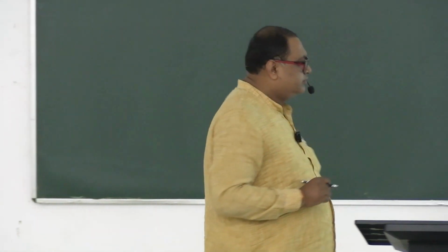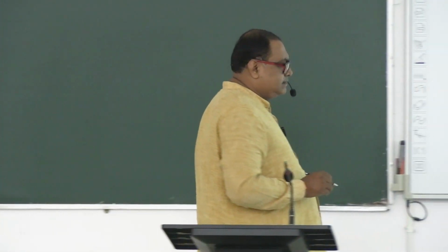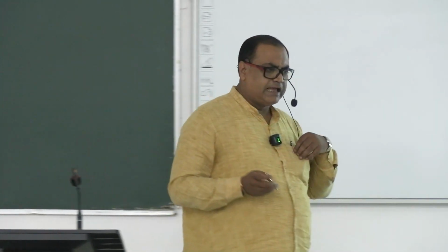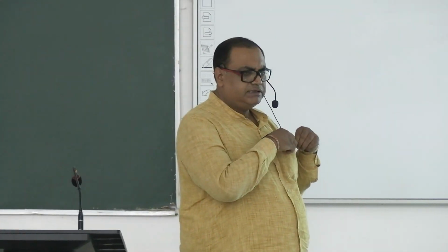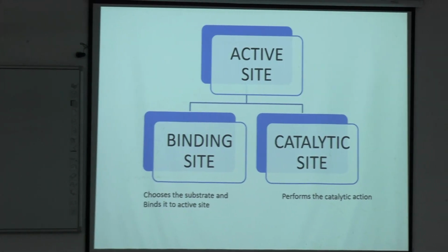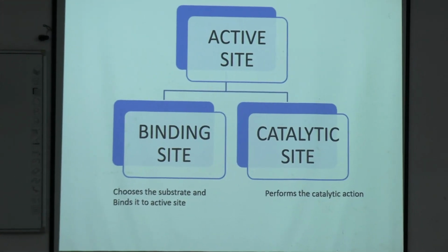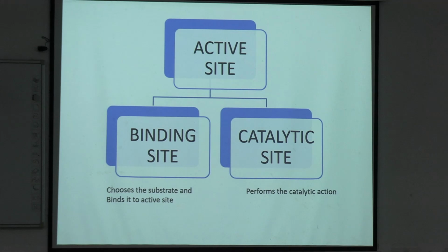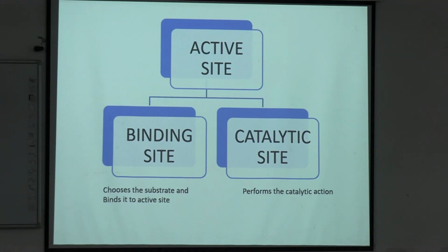Fine. So the catalytic site is the portion where the catalytic action takes place. So it is smaller in size compared to substrate binding site, correct? Alright. So active site, then smaller substrate binding site, then much smaller catalytic site.